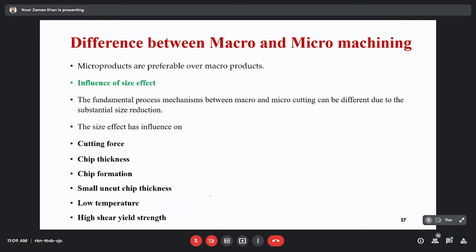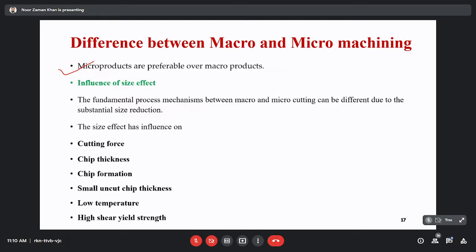Next, time to discuss what's the difference between macro and micro machining. First, micro products are preferable over macro products because micro products are widely used owing to their smaller size, compactness, low material requirement, low power consumption, high sensitivity, and many other advantages over macro products.